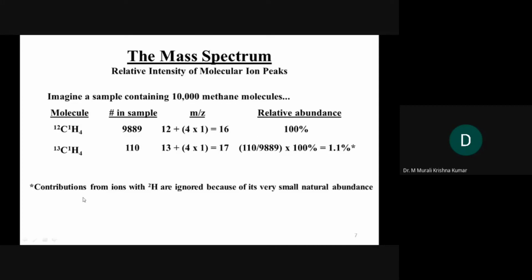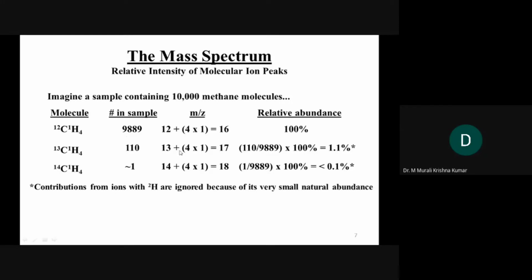Contributions from ions with 2H are ignored because they are very small, they are in the third digit. So we don't consider that as a major contributor. But carbon 13 has approximately 1.1% contribution, so that's why we consider that. What about 14C? It is very, very less, so we don't consider it as a dependable contributor.